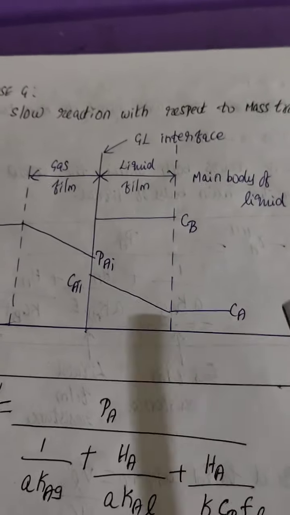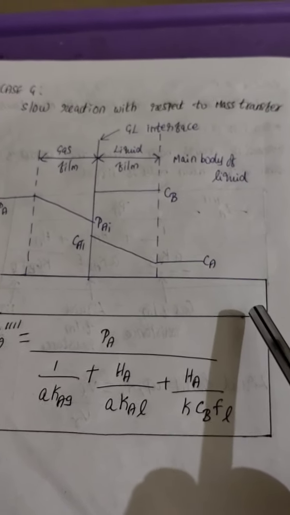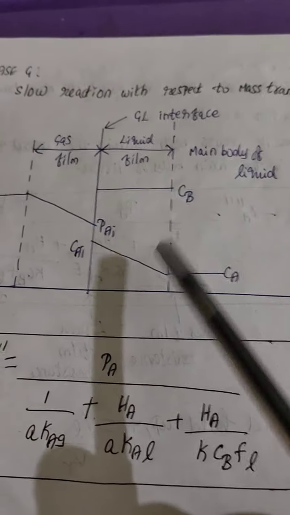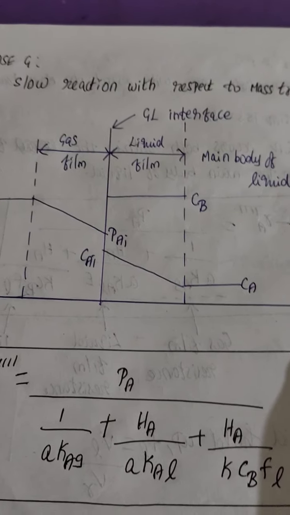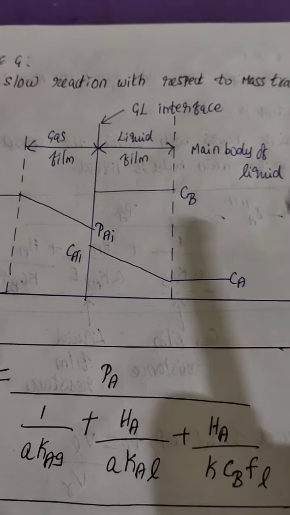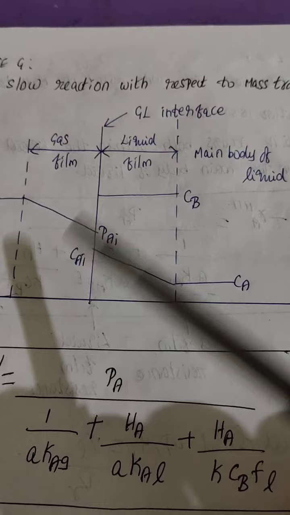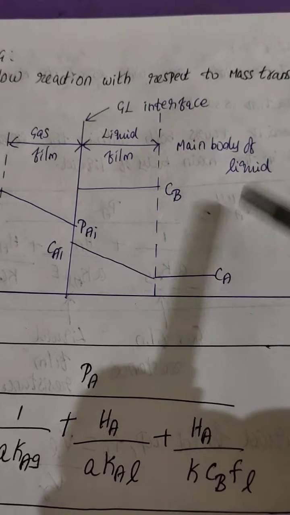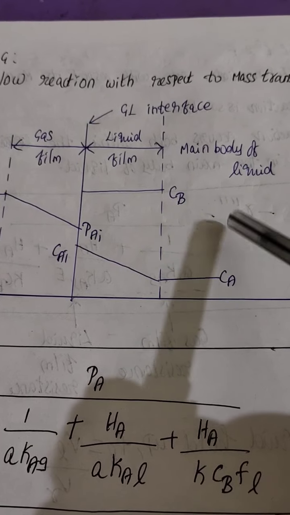Next one is case G, that is slow reaction with respect to mass transfer. So here the reaction is assumed to be slower with respect to mass transfer. Since the reaction is very slow, what will happen is the reaction will occur in all the films, that is in the gas film, in the liquid film, as well as in the main body of the liquid.